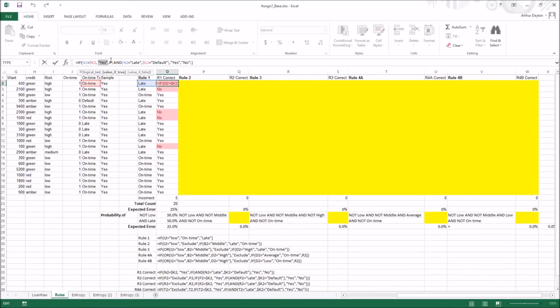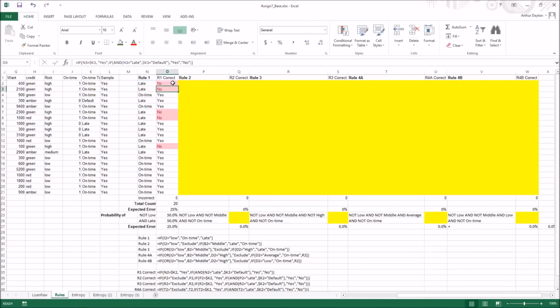And if the two are not equal to each other, we just want to check whether we have a default value here. Basically just saying if either of them are late or default, those are equivalent, and we have correctly predicted, or lastly, we have not correctly predicted, right?